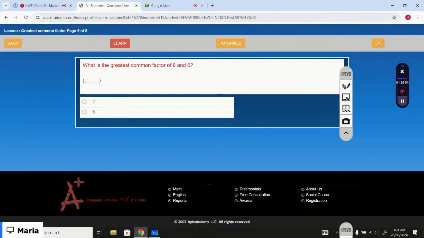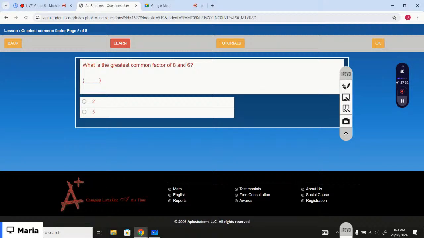What is the greatest common factor of 8 and 6? So which is the correct option? That is again 2.